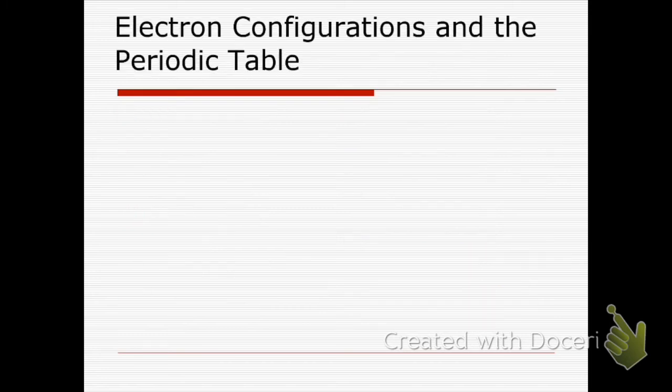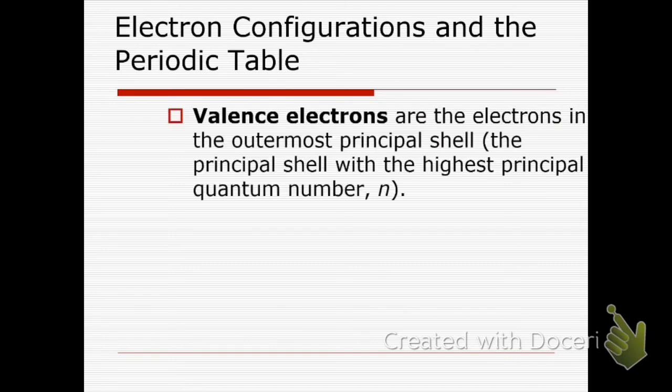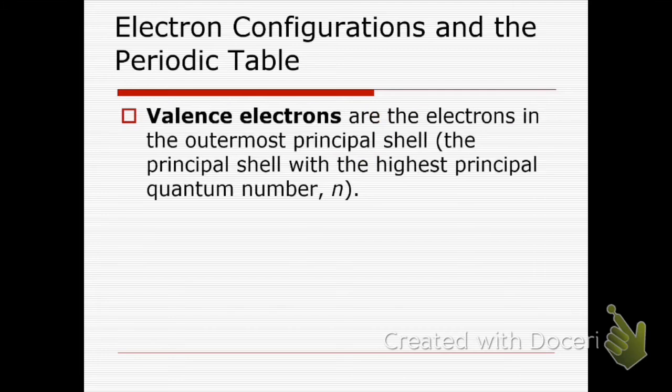In looking at electron configurations and the periodic table, it's important to distinguish between what we call the valence electrons and the core electrons. Valence electrons are the electrons in the outermost shell when we are writing the configurations.